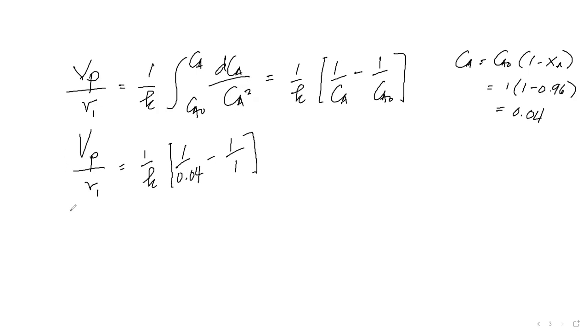Now we have Vp over V sub 1 being equal to, if you process this side, that would give you 24. So 24 over K. So this is our equation 1.